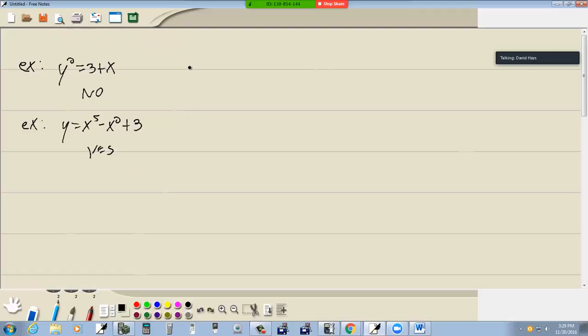For example, if I had this graph right here, and you're wondering if it's a function or not. If I can draw a vertical line that intersects at 2 or more places, it's not a function. Well, this is violated right there. I just drew a vertical line that intersects at 2 or more places. So the answer here would be no.